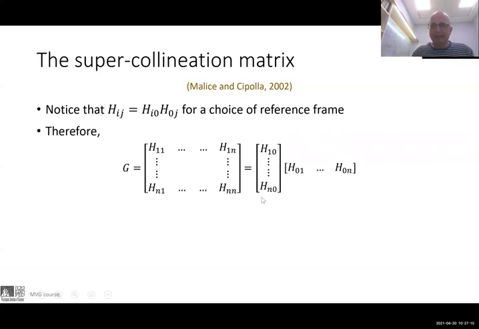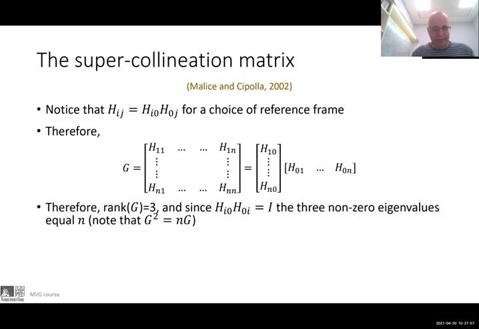The first matrix in the factor is 3n by 3, and the second is 3 by 3n. And this implies, for example, that G has rank 3. Also, we see that H10 is H01 inverse, right? So really these two factors are inverses of each other, or they contain block inverses of each other.